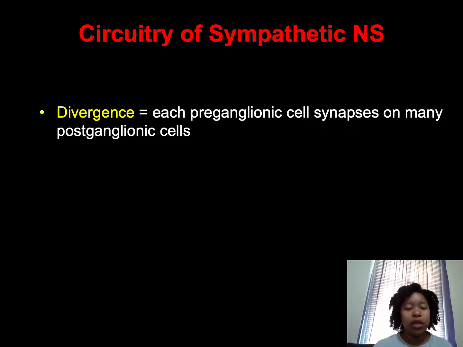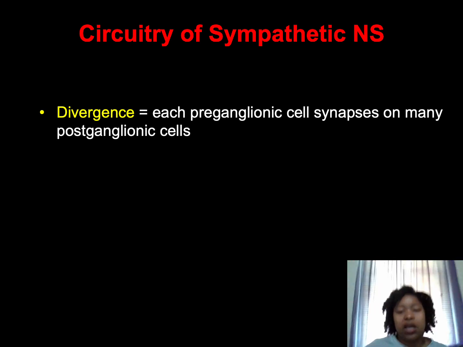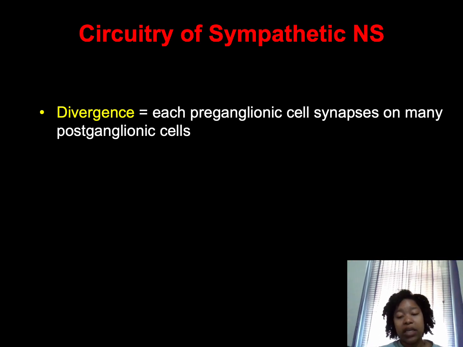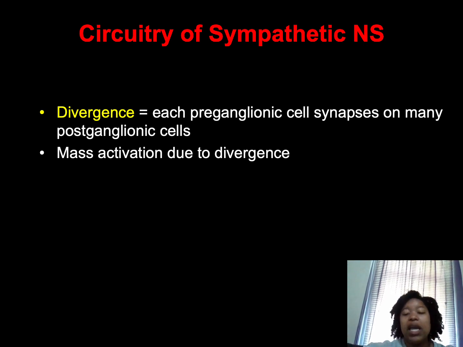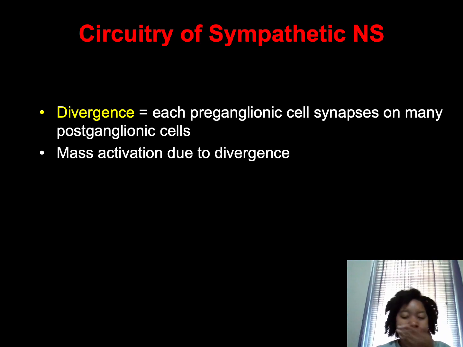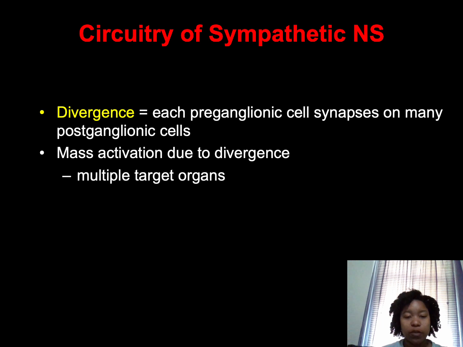So what's the circuitry of the sympathetic nervous system? There's this divergence, right? The divergence is where each preganglionic cell synapses on many postganglionic cells. And so it's got this mass activation, and that's because of divergence. It doesn't have to fire on each individual cell. It can do it on a group, in order to be able to have this mass activation.